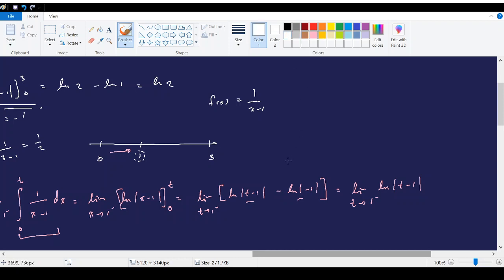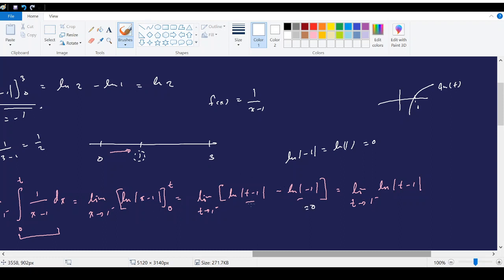Here you have the natural logarithm of -1, but it is inside the modulus, so it is the same as writing natural logarithm of 1, and that is equal to 0, right? Because we have the ln curve like this, and at 1 the ln t will be equal to 0. So this is equal to 0.